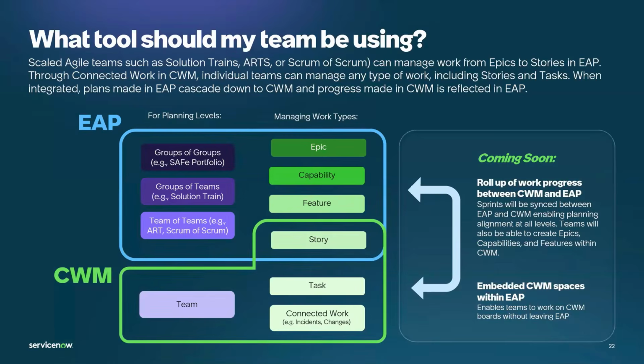So again, what you're looking at here with EAP and CWM: EAP is more at the higher level planning. CWM is more at the single team planning where you're pulling in stories, tasks, and connected work. But again, come November, those will be synced. So the stories that you placed on your sprints in EAP will be reflected in CWM. Changes that you make in CWM will be continuously reflected in EAP.